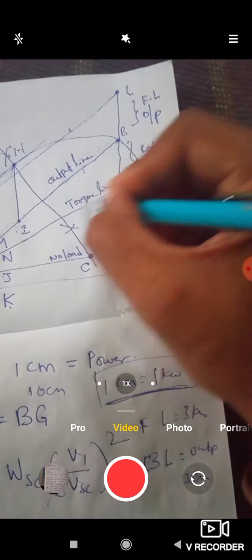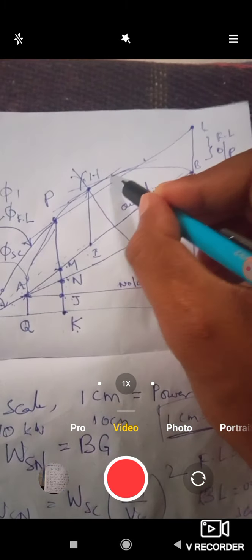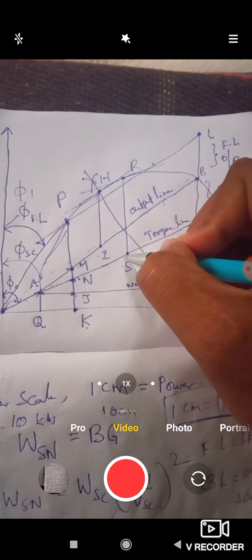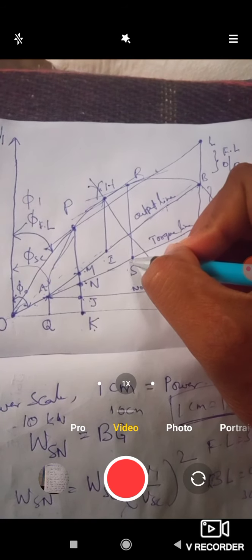Also if you draw a tangent line parallel to the torque line, this point is R, and the RS line is the maximum torque. And the full load torque is PN.